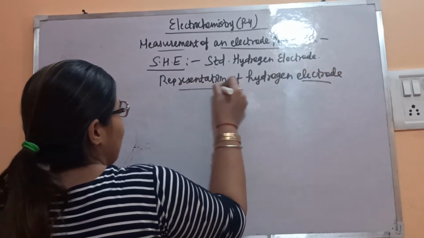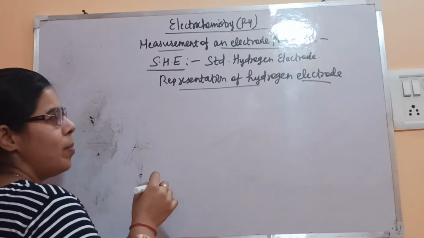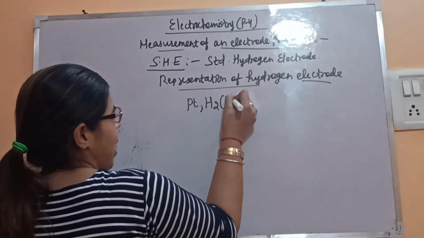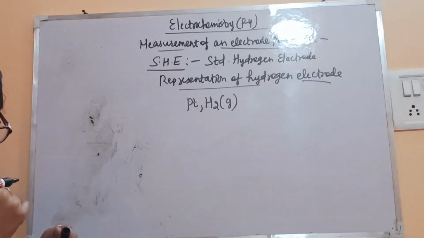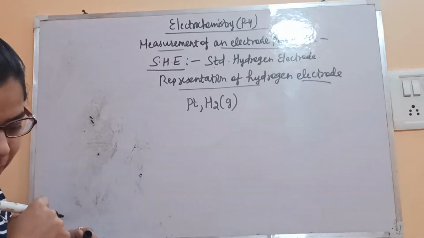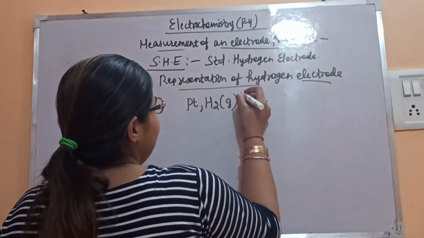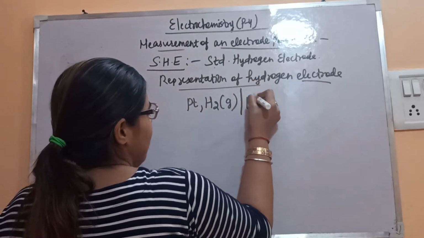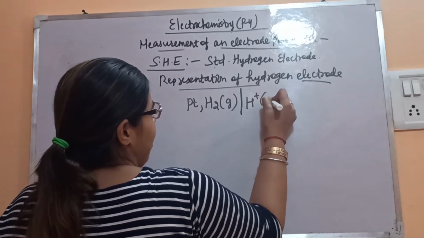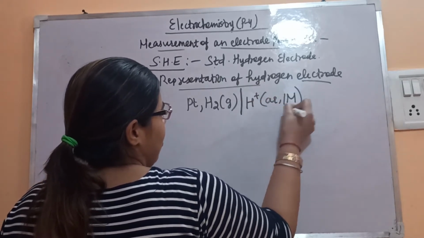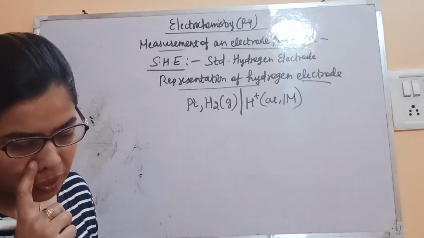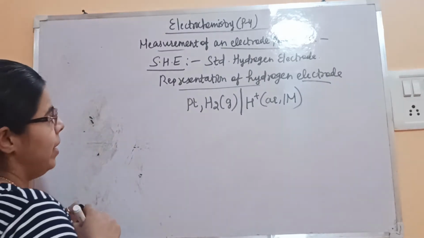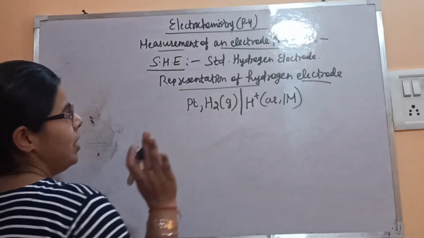Platinum will come first because hydrogen is getting adsorbed on its surface. So platinum, then hydrogen, it's a gas. Then a phase change is there, H plus, aqueous, 1 molar solution. So this is the representation of the hydrogen electrode.